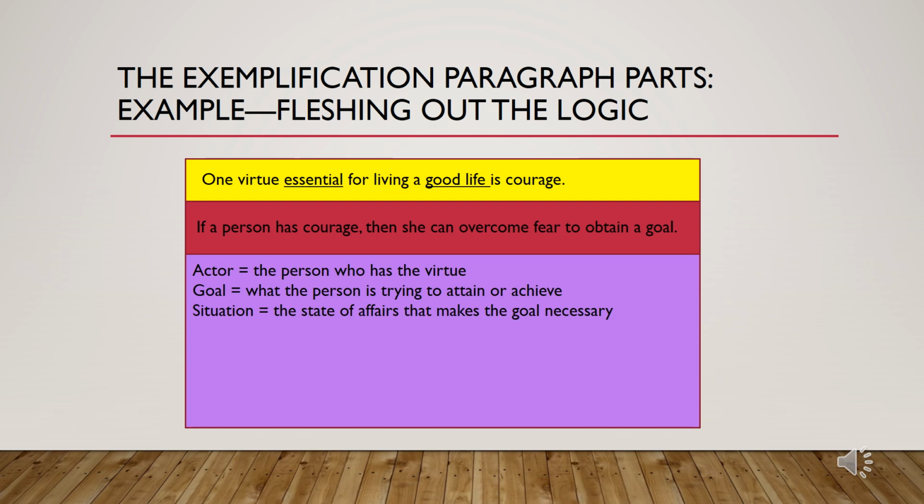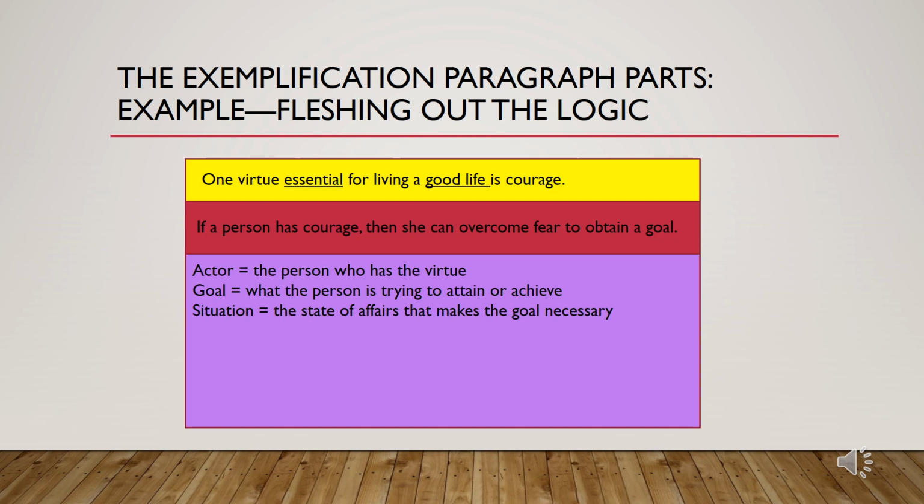You also need to have a situation. There needs to be something that's going on in this person's life that makes the goal necessary, as you'll see in the example I'm going to show in a moment. The goal that the person I've selected has a larger end, meaning that by achieving this smaller goal, there is a larger good that that person is going to achieve.